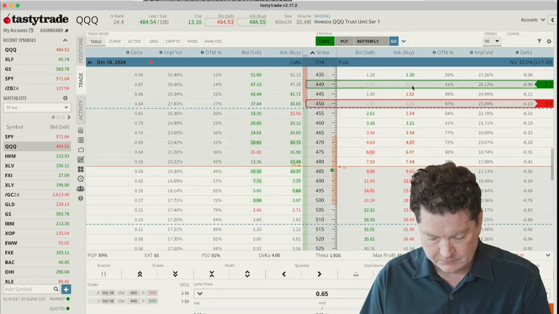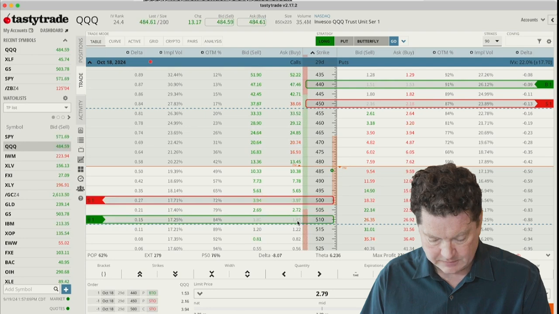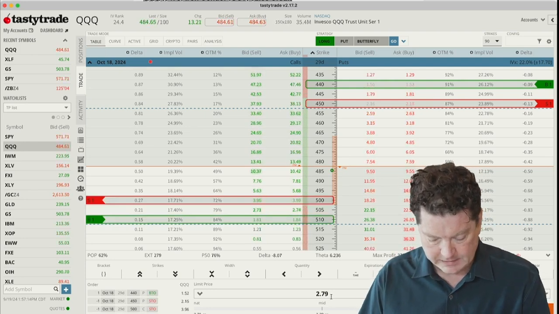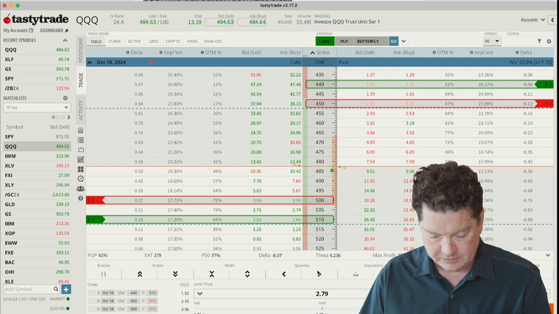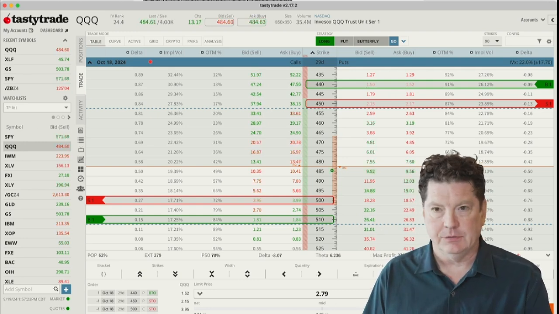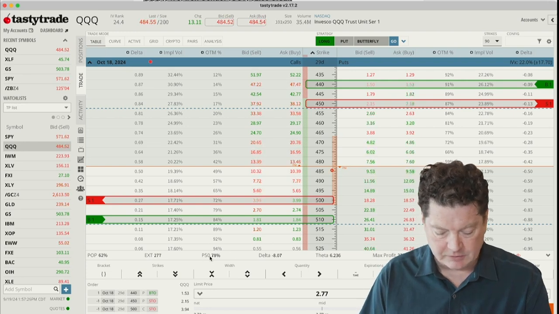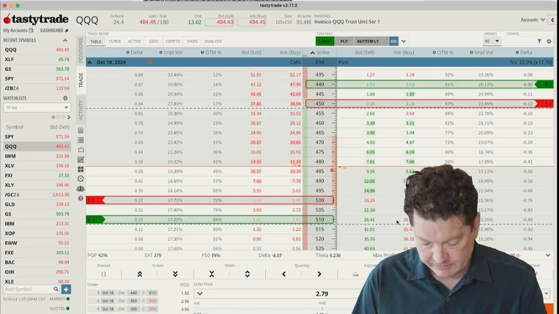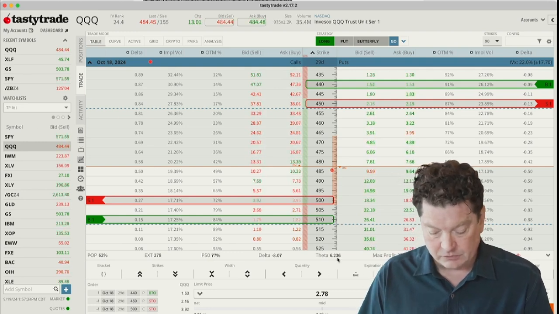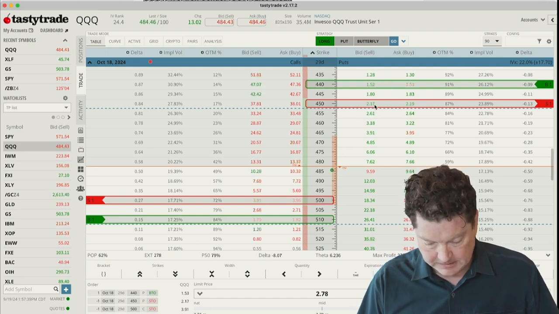So selling the 450 puts, buying the 440 puts, selling the 500 call, buying the 510 call, 2.79 credit, not quite a third of the width of the strikes, which is what a target is. Has a max loss of 721, max potential profit 279. Is a 78% probability of making half its max profit of 279, so that's about $140, not bad. Generates $6.23 of theta.